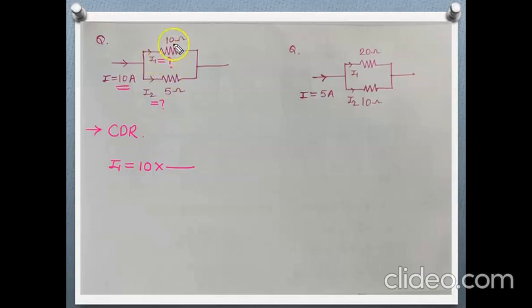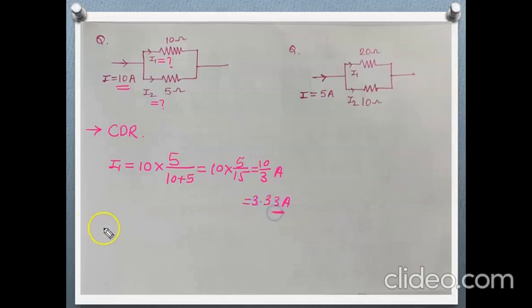I1 is flowing through this 10 ohm, so take the opposite branch resistance, 5, divided by the total resistance 10 plus 5. This is 10 into 5 upon 15, which is nothing but 10 upon 3 ampere.